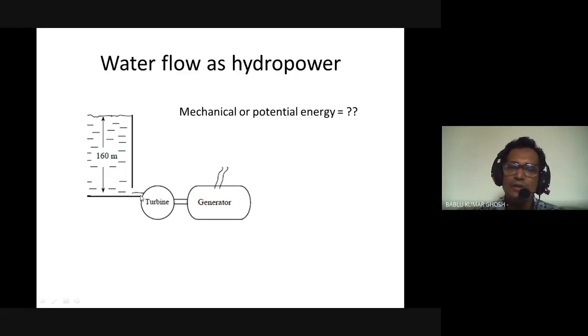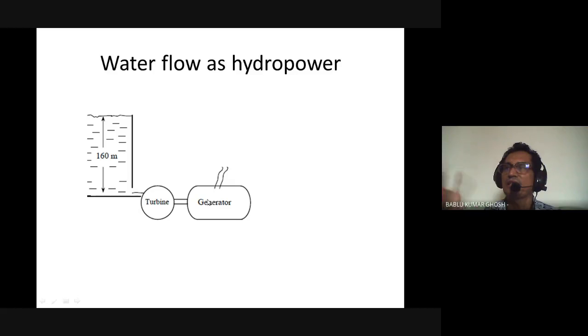So this pressure turns the turbine to rotate, and this rotor is coupled to the generator. The generator is coupled to the magnetic field.